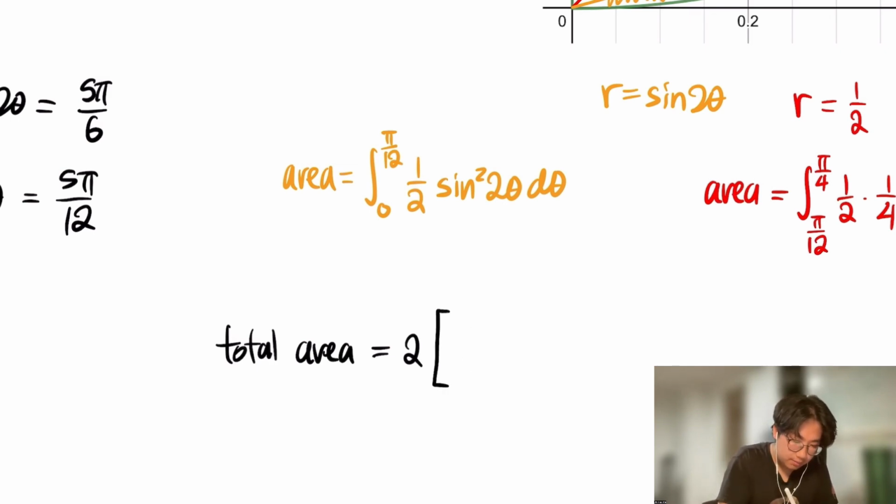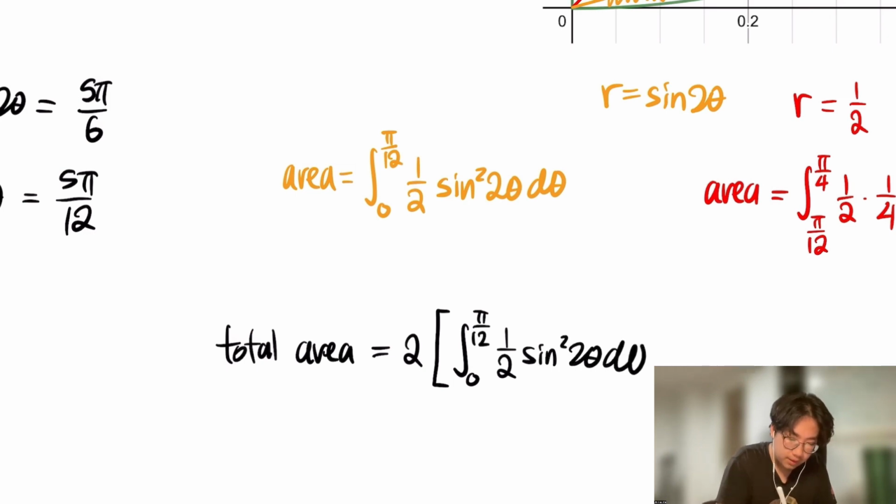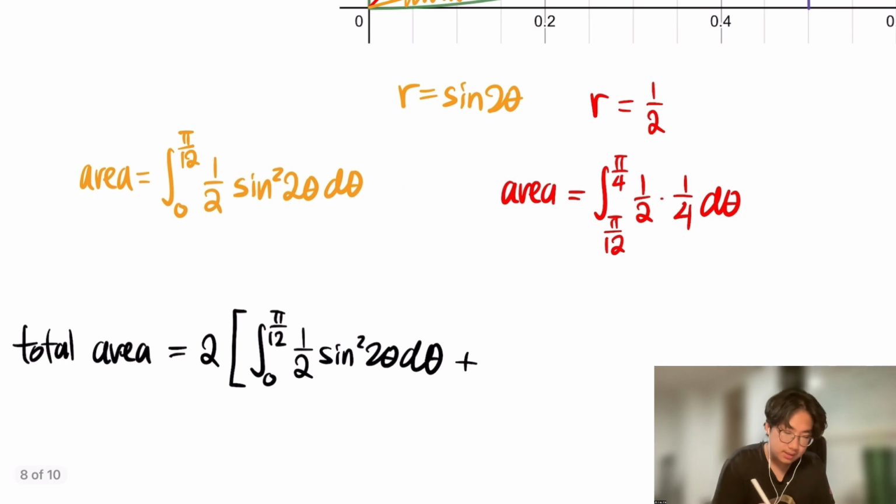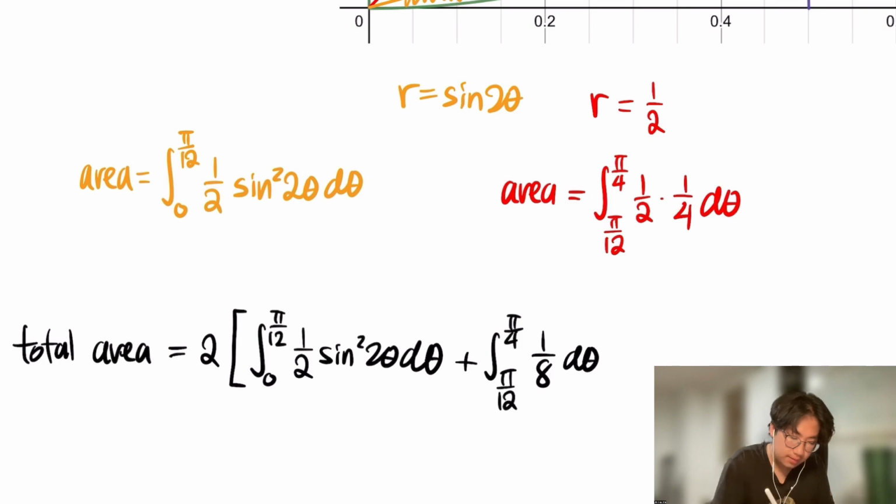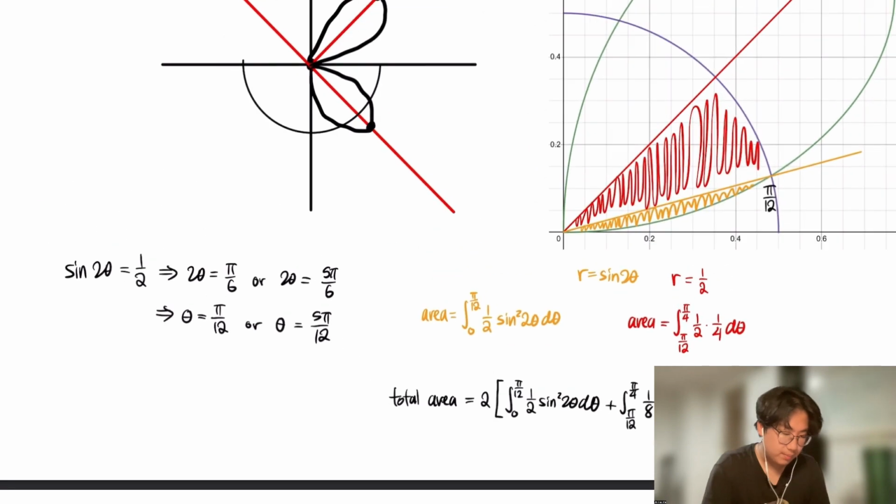So again, integral between 0 and pi over 12, times 1/2 sine squared of 2 theta d theta, plus the integral between pi over 12 and pi over 4 of, again, 1/2 times 1 over 4, so 1 over 8 d theta. And I believe that should be the final answer.